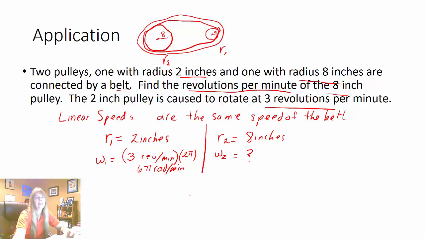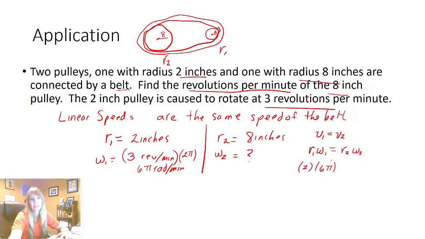All right, setting these equal, because that's what we said, that the linear speeds are equal. So I'm going to do that over here. My two linear speeds are equal. How do we find linear speed? The radius times our angular speed. I just plug in everything that's given. The 2, in this case, I changed to radians because we said that angular needs to be in radians. I have 8.